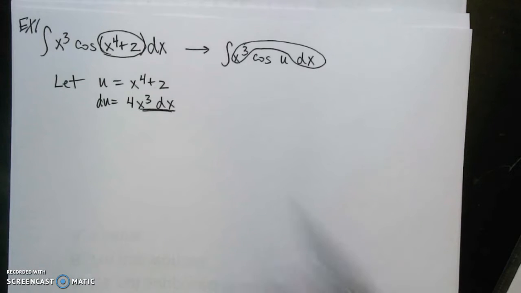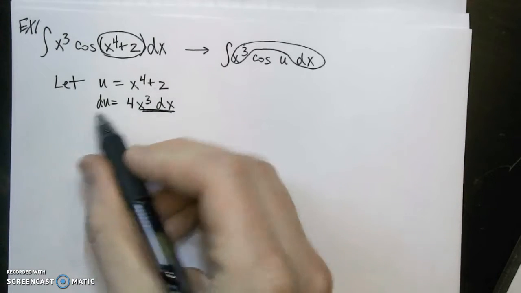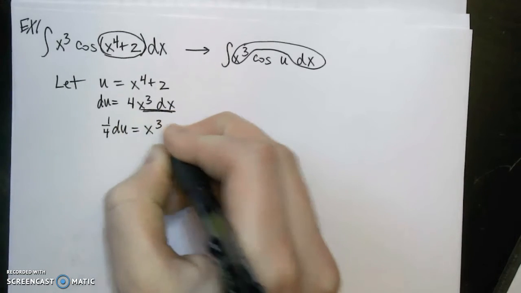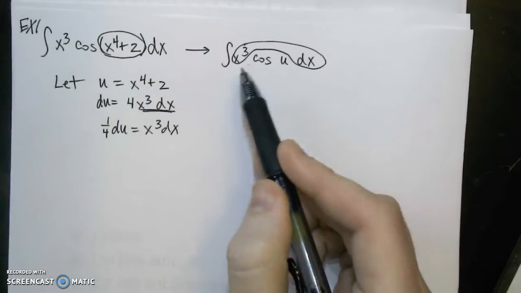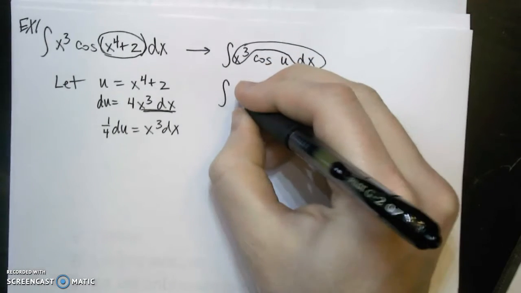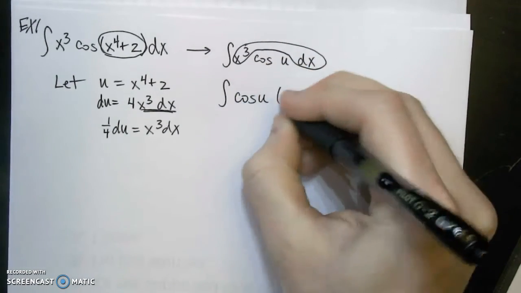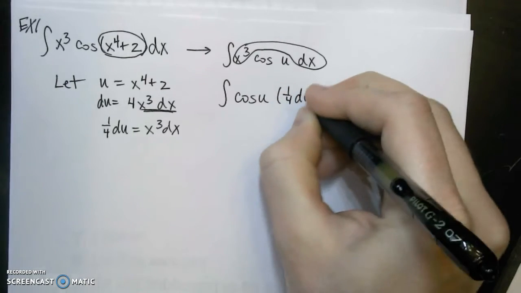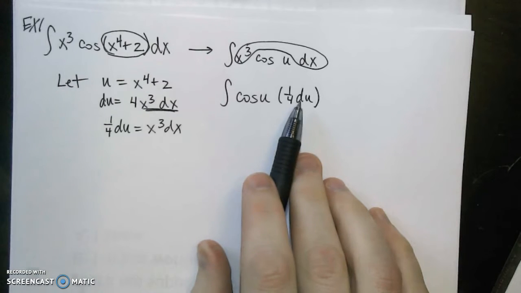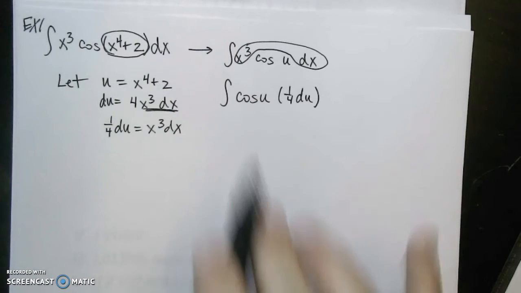So I'm going to solve for x cubed dx, dividing 4 to the other side. And now I can take my x cubed dx and replace it with this 1/4 du. So now I've got everything with respect to u, and now I can do the integration of it.